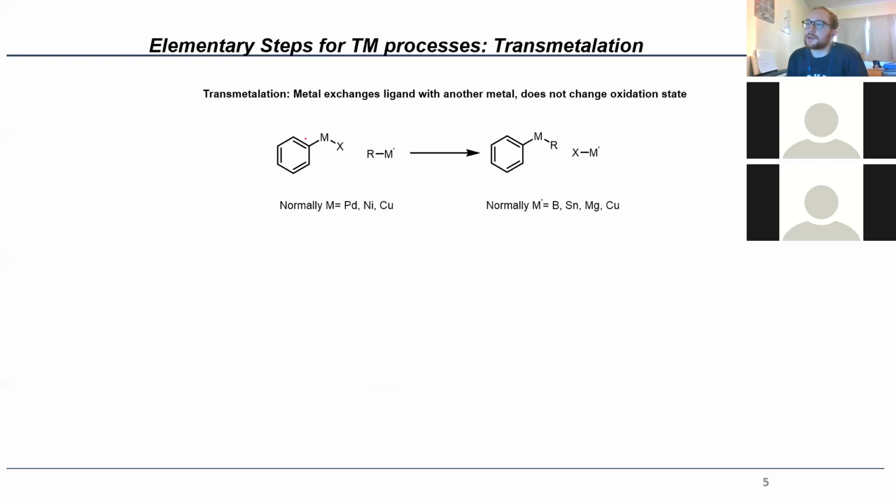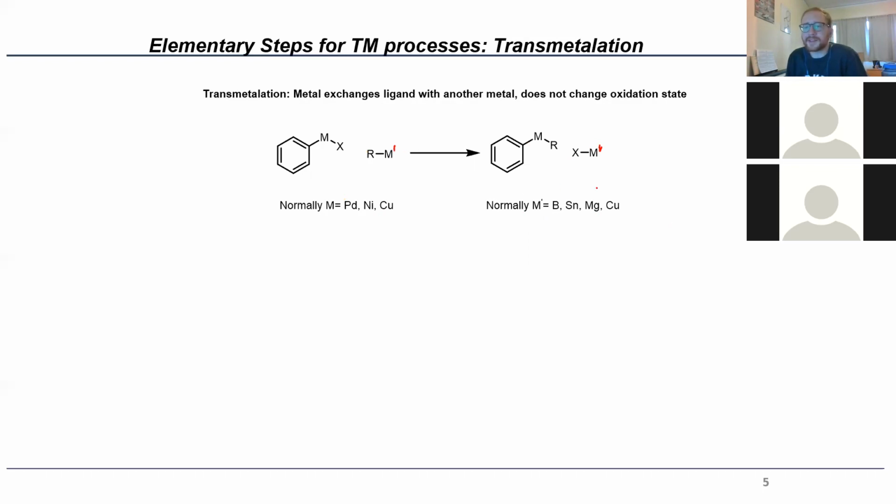And so in general, for the purpose of the class, this is going to be one metal, normally palladium, nickel, or copper in the case of what we'll be talking about in this course, that can react with another metal, metal prime here. And this is normally boron, tin, magnesium, copper. And we'll talk about the specific variants of each cross-coupling that uses each of these different metals.